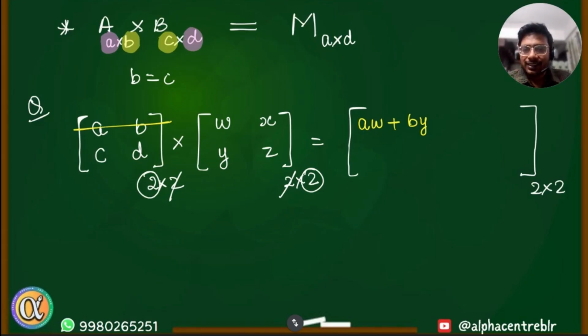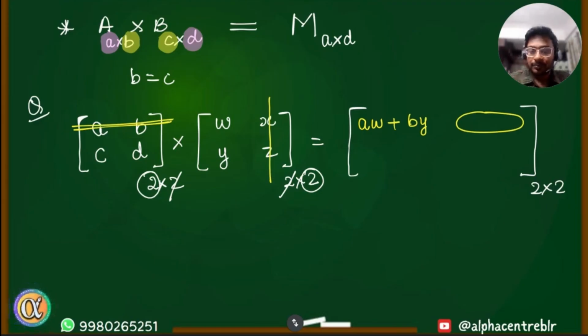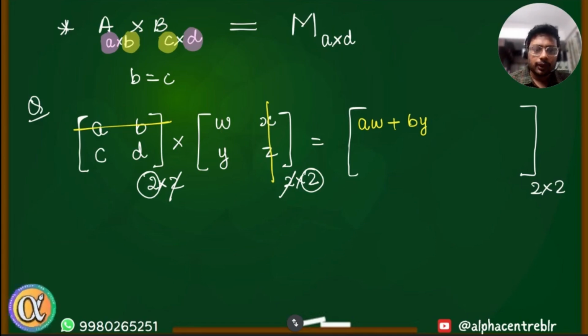Then in order to find the first row, second column, we multiply the first row with the second column. So that's A into X plus B into Z. Correct.